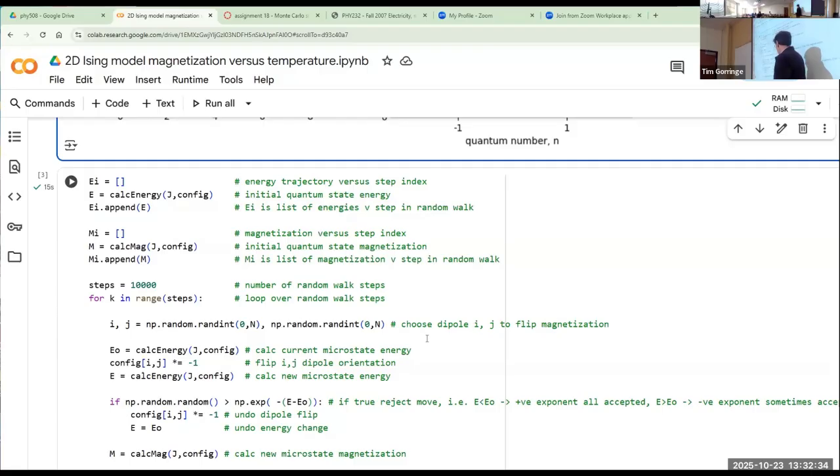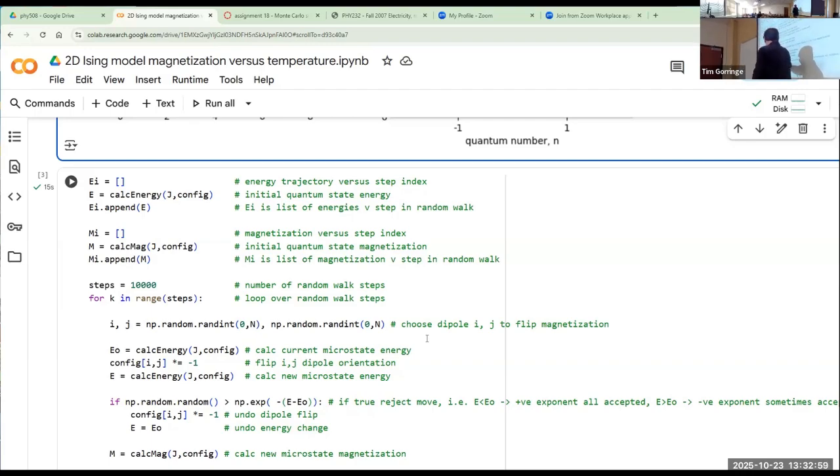We always accept it. However, if the energy of the new state is larger than the energy of the old state, then this quantity in parentheses is positive. That means that this quantity in the exponent is negative, which means that this exponential is going to be less than 1.